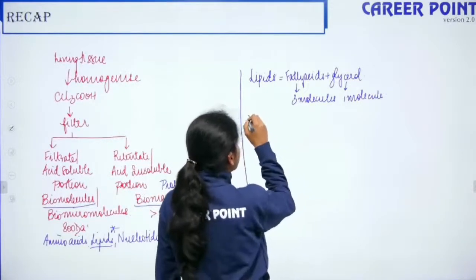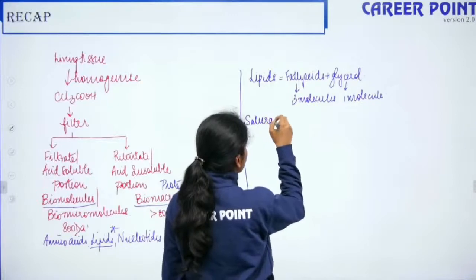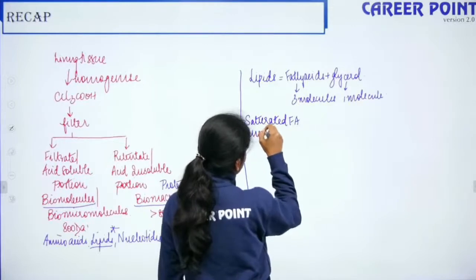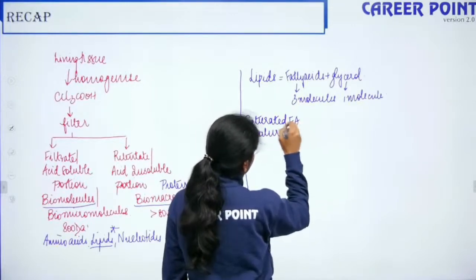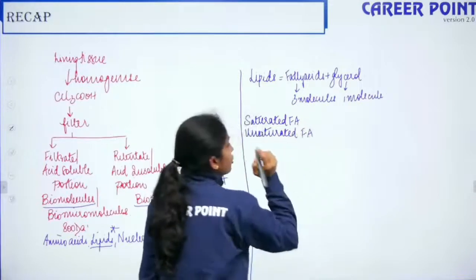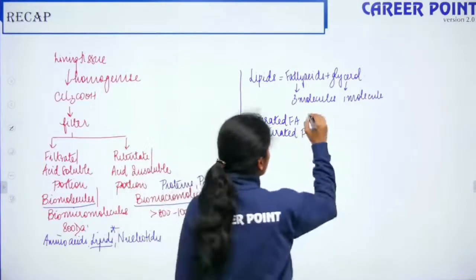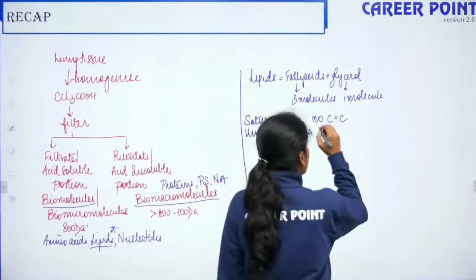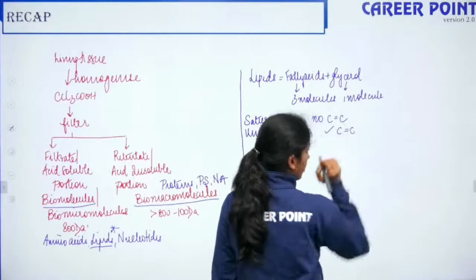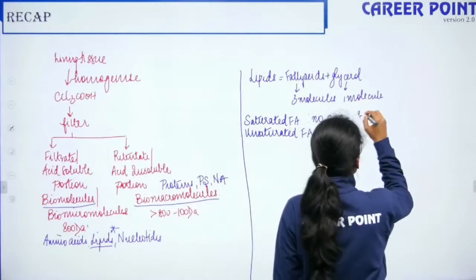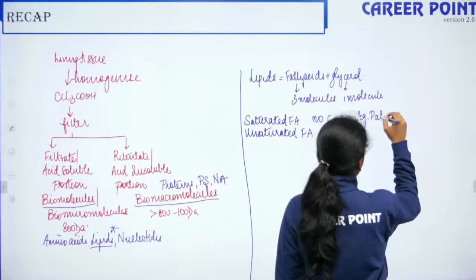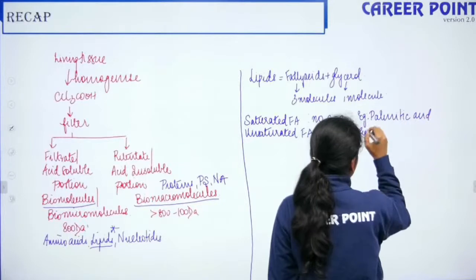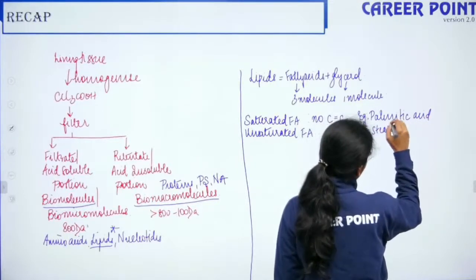We spoke about saturated fatty acid and unsaturated fatty acid. Saturated fatty acid has no carbon-carbon double bond, while here there is a carbon-carbon double bond. An example of your saturated fatty acid is palmitic acid, and your unsaturated fatty acid can be stearic acid.